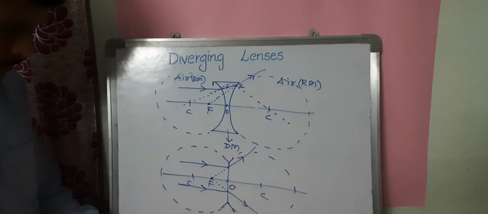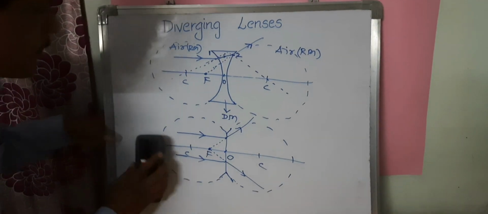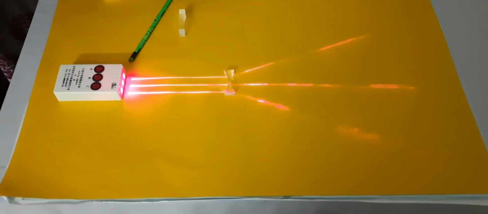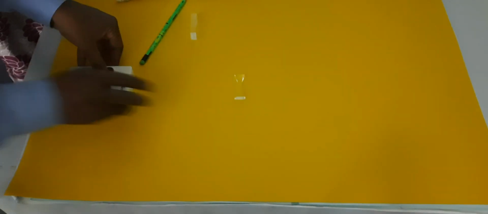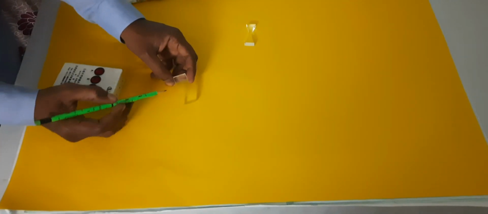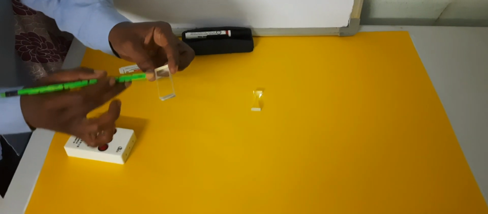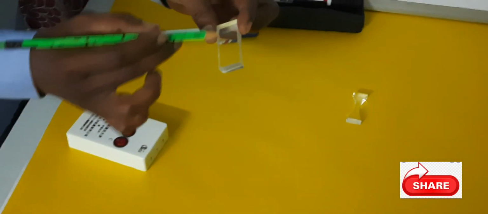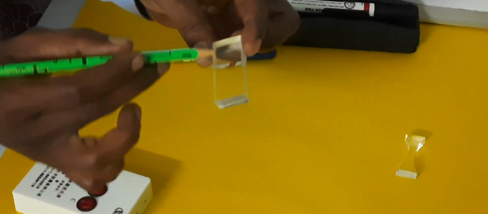Now let us see the plano concave lens. See here, if we observe this lens, one surface is plane, which means the curvature of this plane surface is 0, but the radius of curvature for this plane surface is infinite.